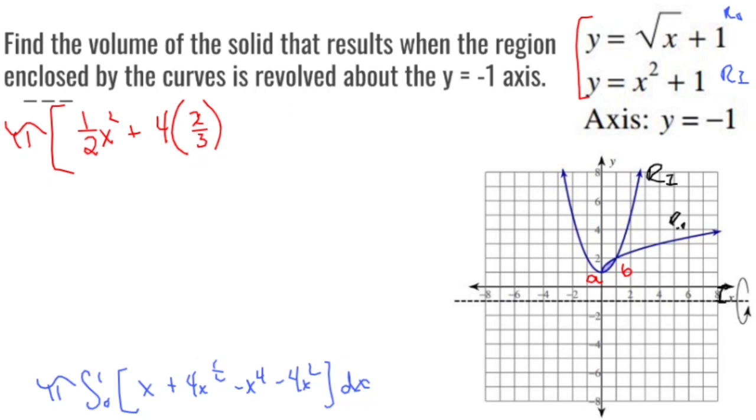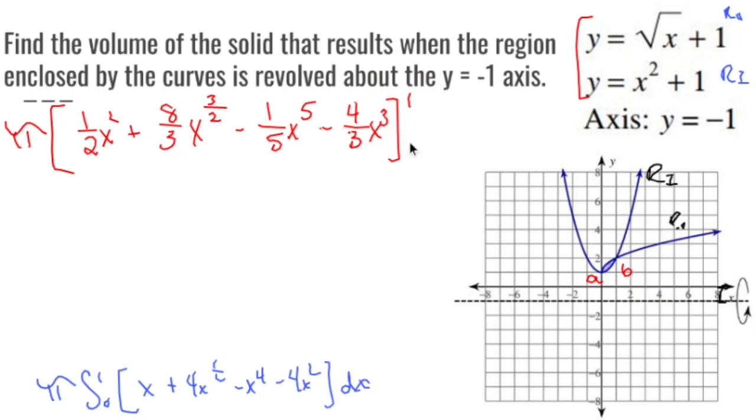And you end up with 8 over 3 x to the 3/2. Okay. Minus 1/5 x to the 5th minus 4/3 x to the 3rd.